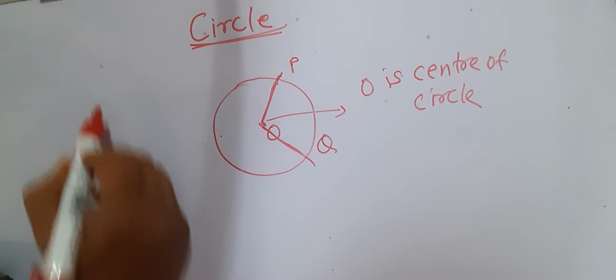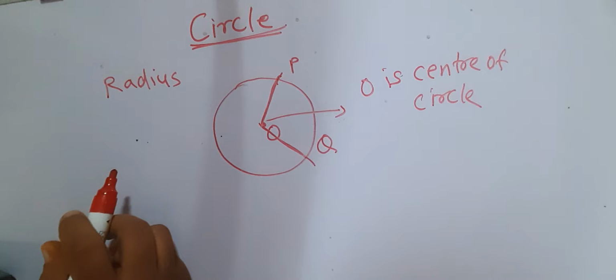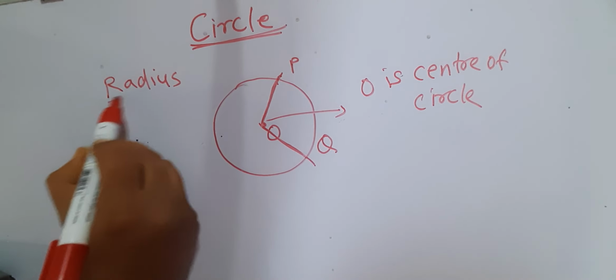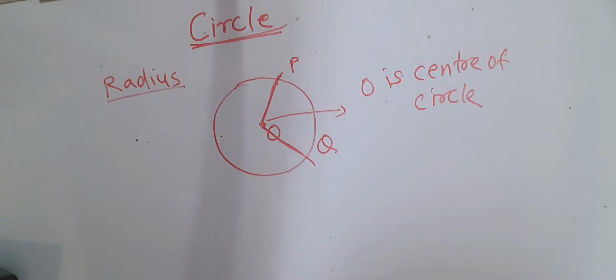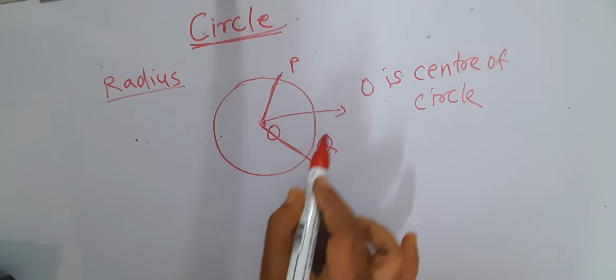Now, the next is radius of circle. Radius of circle is a line segment joining the center of circle to any point on the surface of the circle.